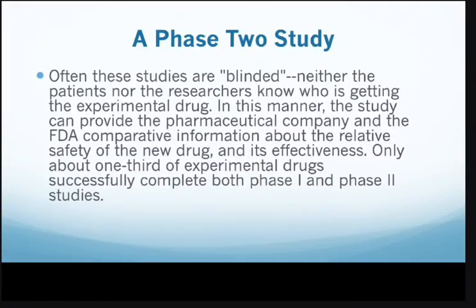These studies are often blinded, so the patients and the researchers don't know who's getting which drug. That avoids the Rosenthal and the Hawthorne effects that we talked about before. About a third of experimental drugs pass both phase 1 and phase 2.